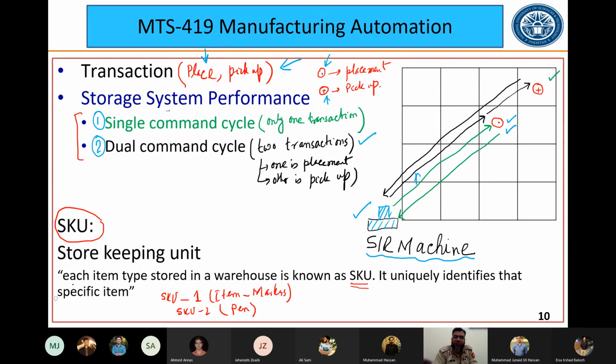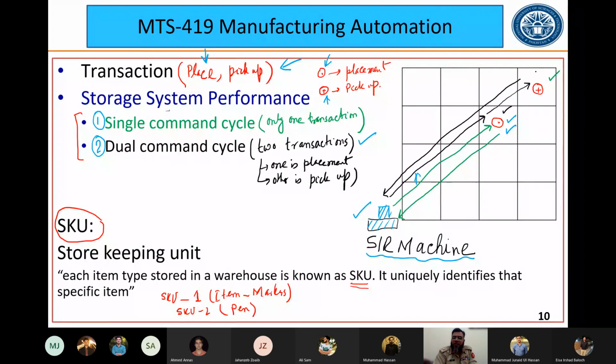So the SR machine moves from the base station and reaches here, and it places an item which was placed on it at this compartment. Then it does not come back actually.